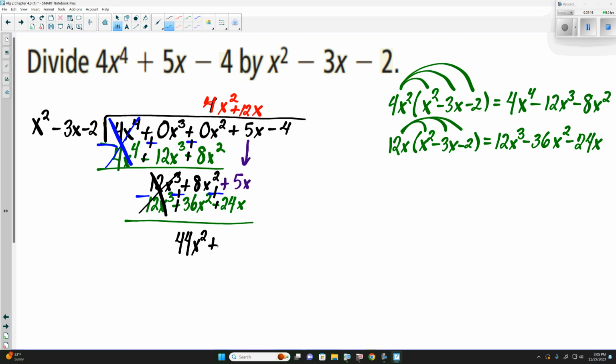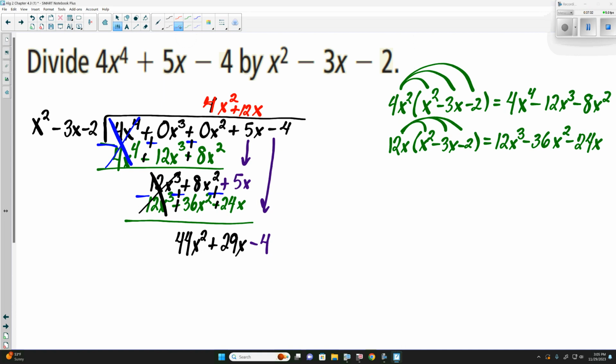Negative and negative make a plus. 5 plus 24 is 29x. And last but not least, we bring down the last term, our negative 4.